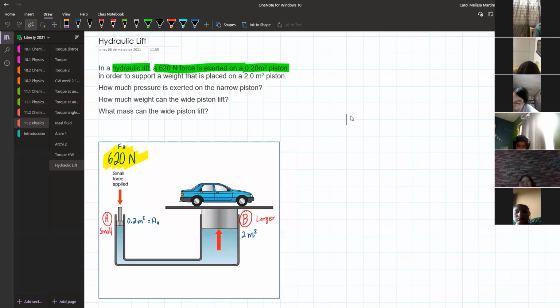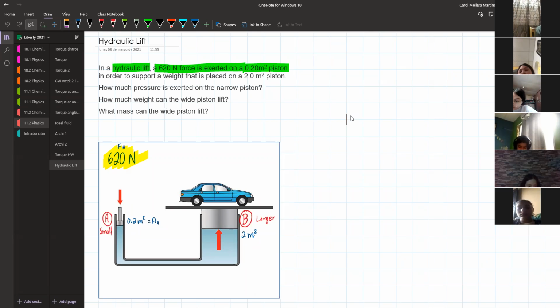You can just put the 2 square meters and that will be okay. Okay, so now I have gathered all the possible information and I'm going to focus on the questions.